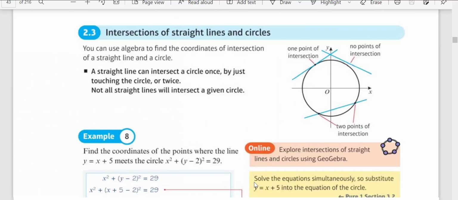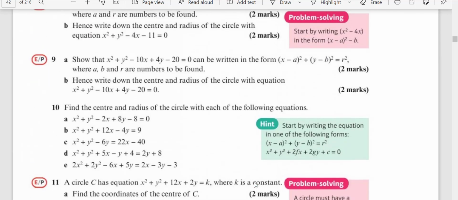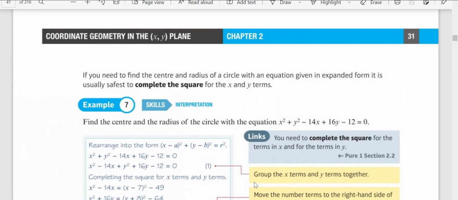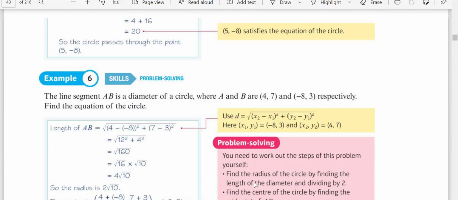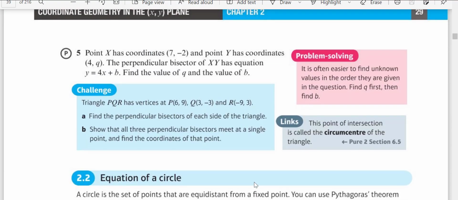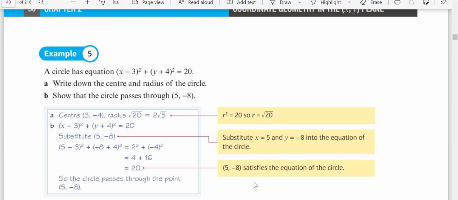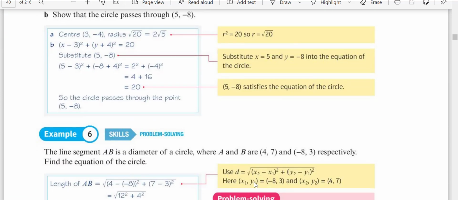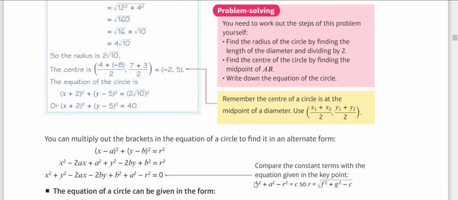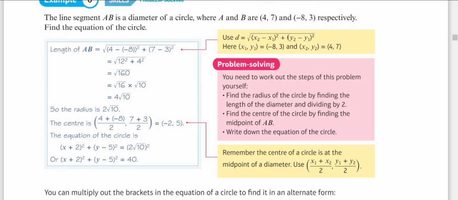So the answer is 4 square root 10. I'm just double checking my answer before I continue. Four square root 10, that's correct.